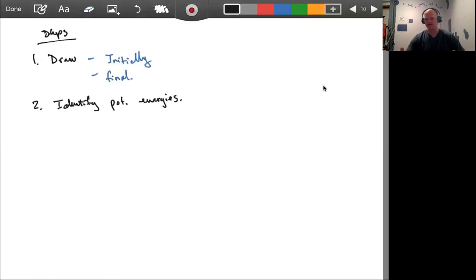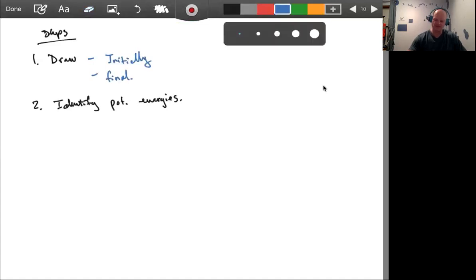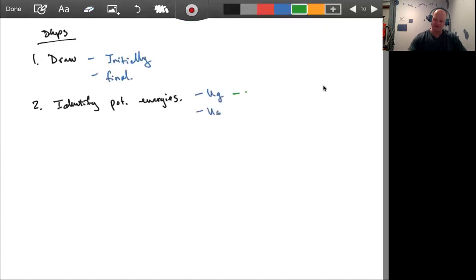Those are the only two potentials we know so far, and the only two we're going to need for a little while. So I just want to know what potential energies I have. For kinetic, all I care about is how fast it's moving. So first I just need to know what types of different potential energies I have. Again, the only two we know so far, we'll change this later, are gravitational potential and spring potential. So again, is there a change of height?